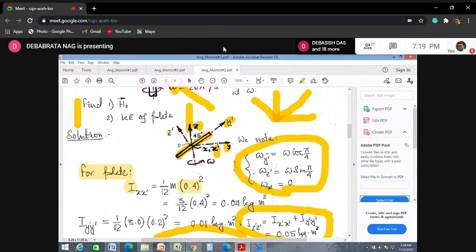You need to be very precise, otherwise it will be a problem. I'm repeating once again, I need to find the direction cosines of the lines x, y and z with respect to x dash, y dash and z dash, right?